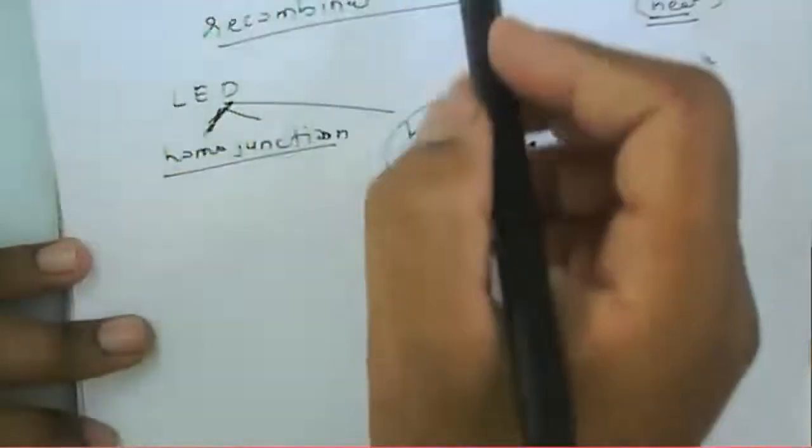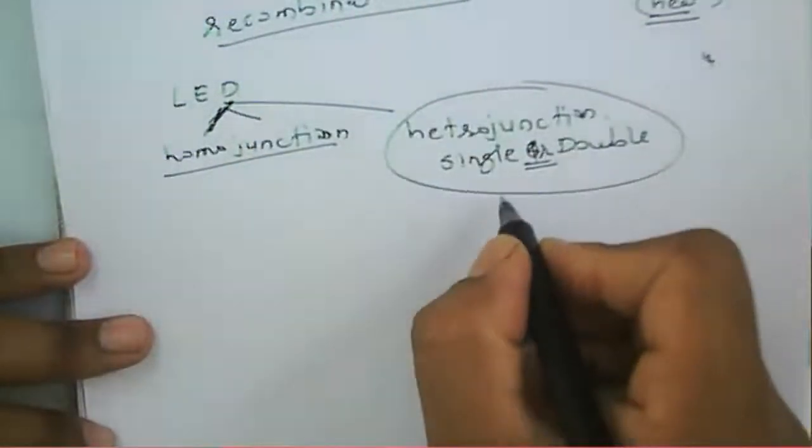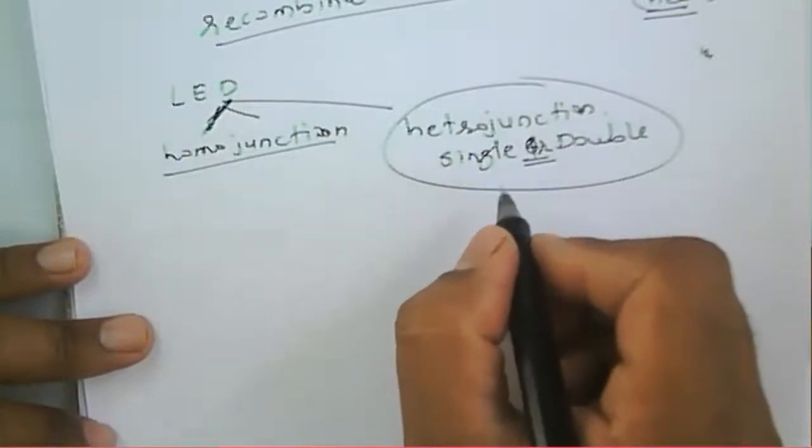To achieve high radiance output, fast emission response time, and high quantum efficiency, most people use the double heterojunction device.